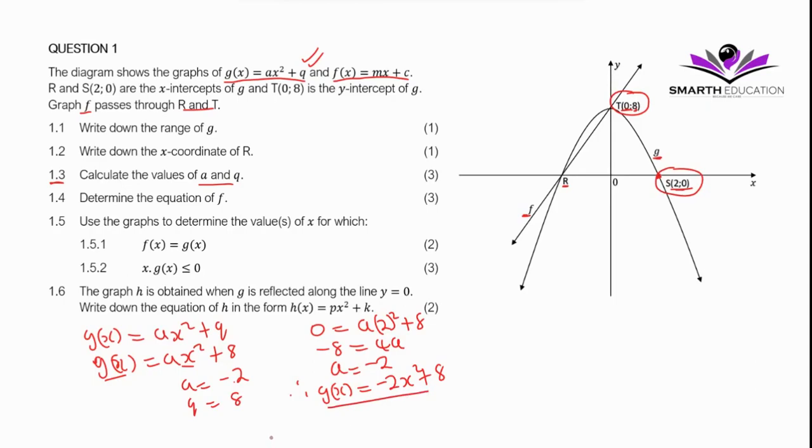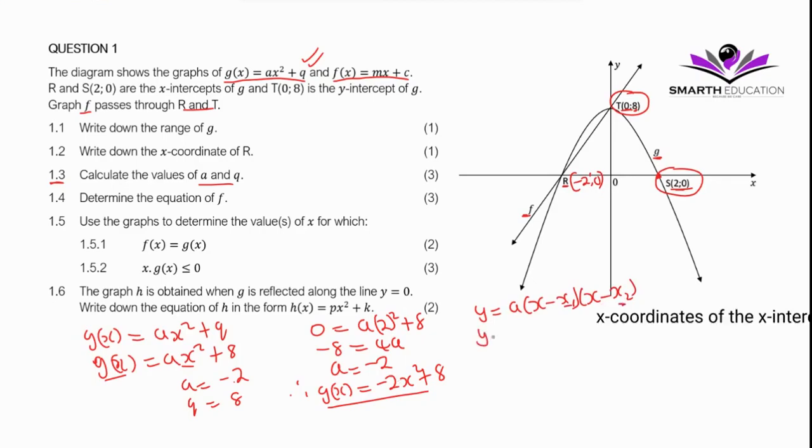The other way we can do this, remember we found the coordinates of R. The coordinates of R are negative 2, 0. So we can start with the equation y is equal to a, x minus x1, x minus x2, where x1 and x2 are the intercepts.